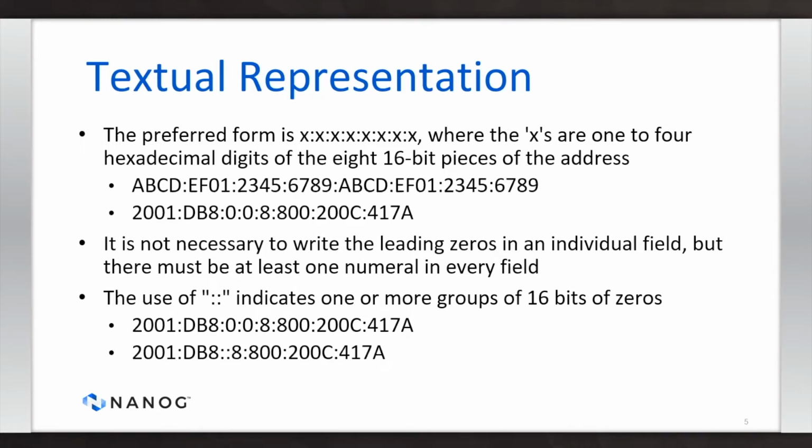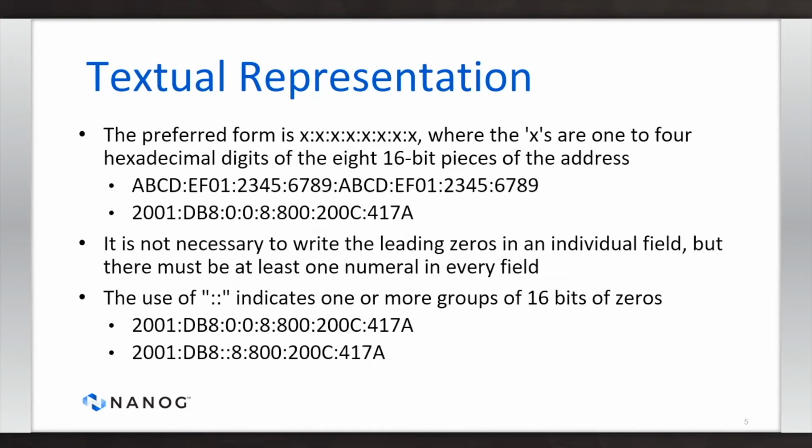We only have to write the most significant bits, and make sure that there's at least one digit in there. Now, let's say for a moment that you have a long run of zeros.